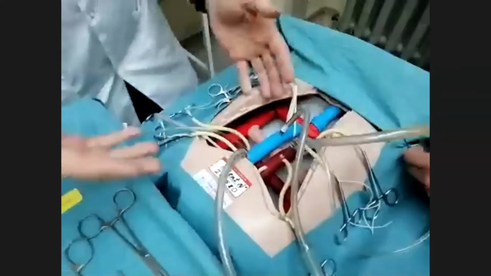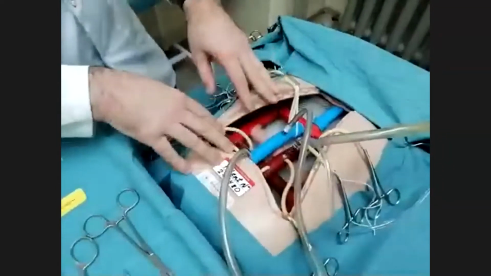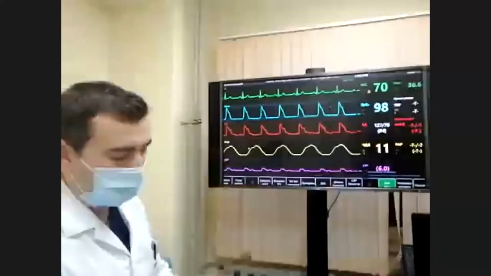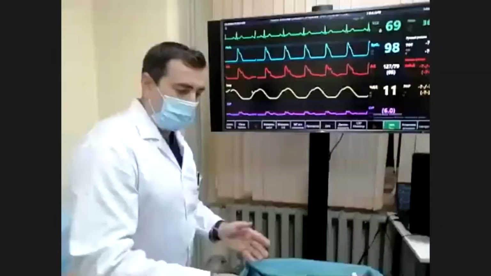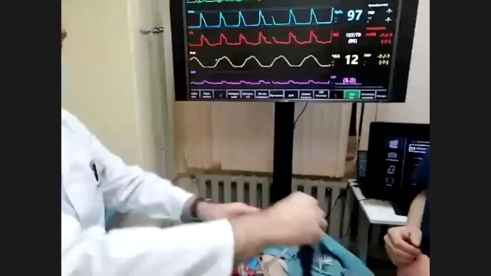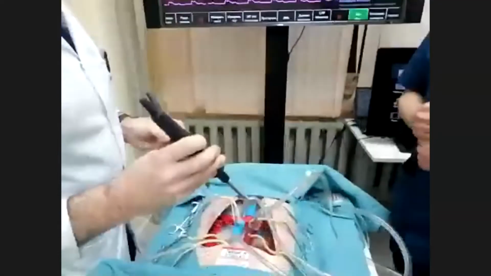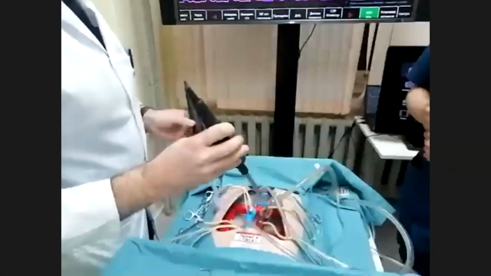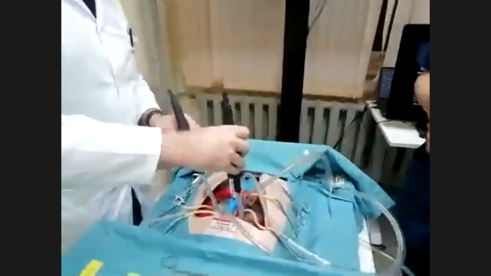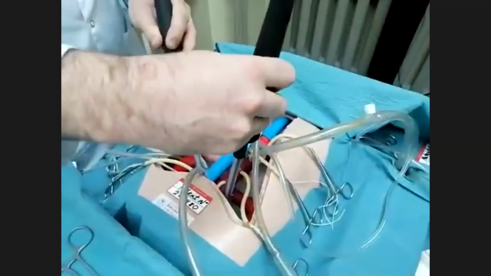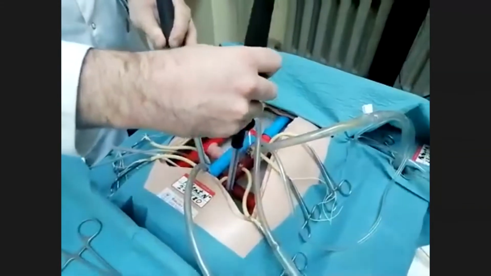Then I check the rhythm of the patient, and I see that we have ventricular fibrillation, and I put the contact defibrillator, and then charging. Okay, charging.